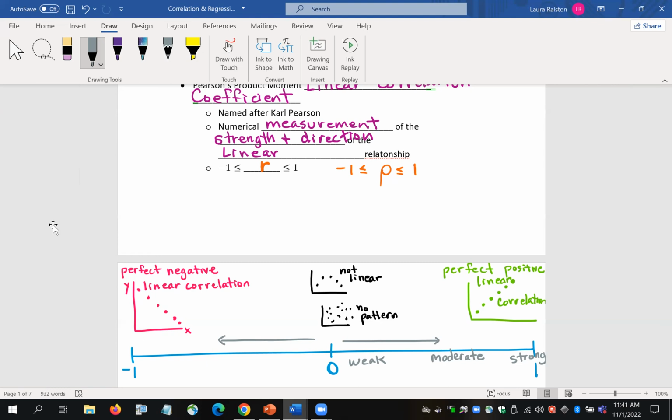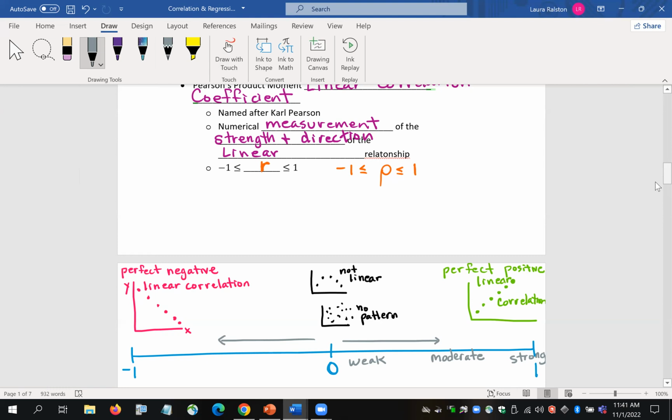Different folks are going to interpret those differently, and I think I do have some information for you on that on the PowerPoint, so we'll get to that. But again, the R value should always be between -1 and +1, and this gives you an idea of what that means.